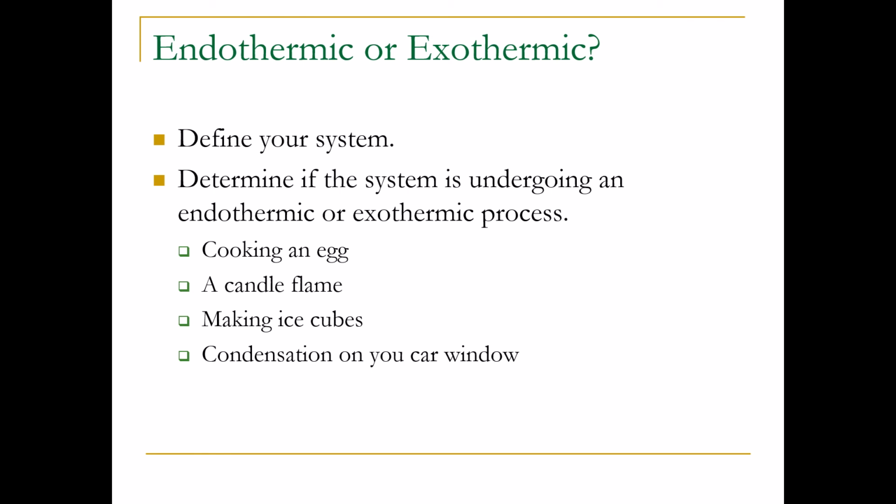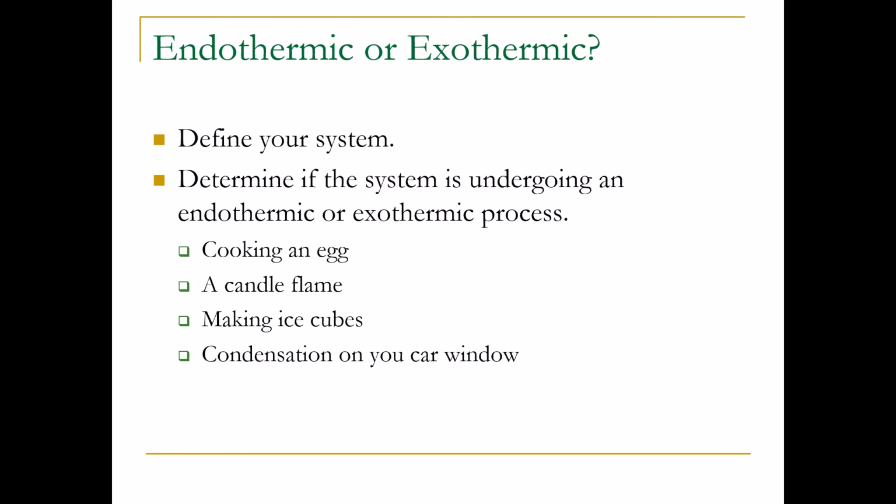So when we're deciding whether something is endothermic or exothermic, we need to know what our system is so we can define which way heat is going. Once we define our system, and that can be a chemical reaction, a balloon, a candle, anything we're interested in, then we can look at which way heat is transferring.